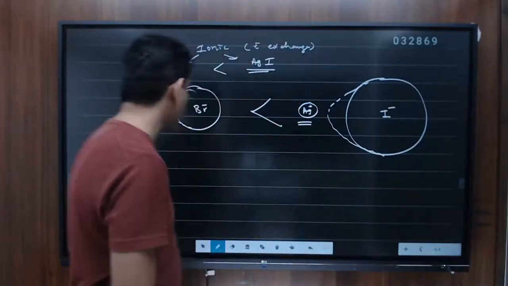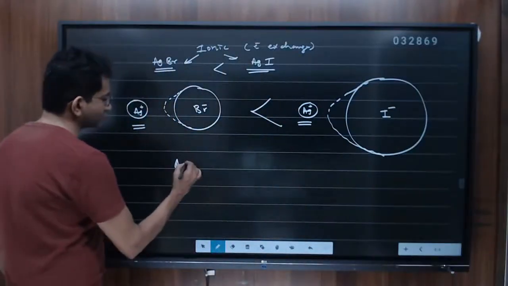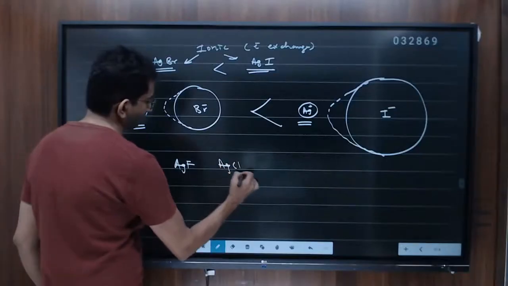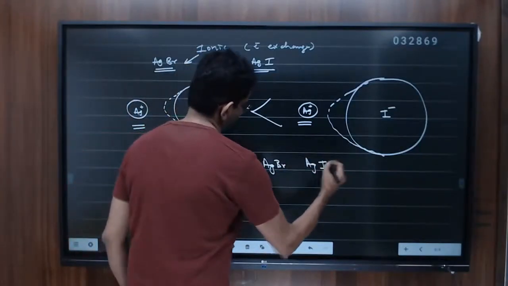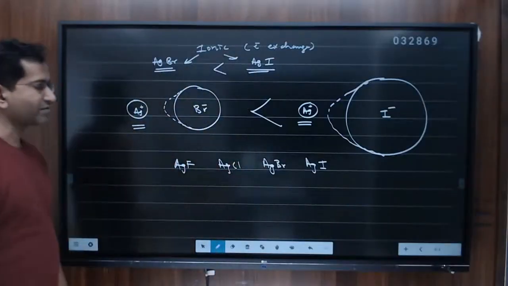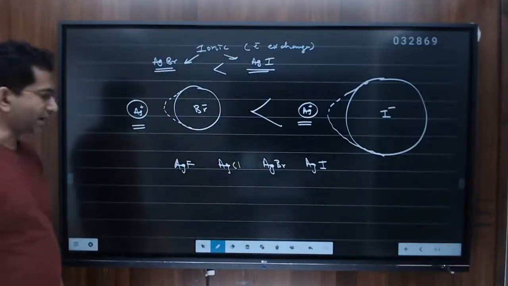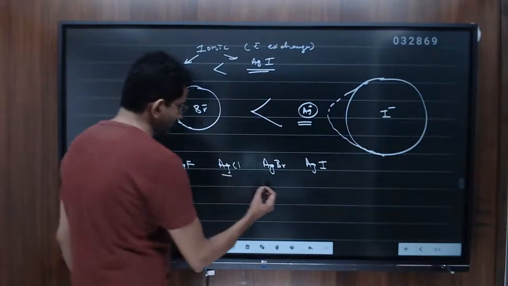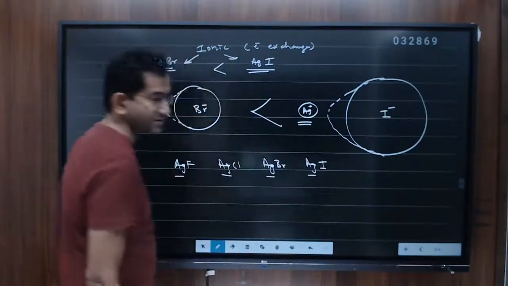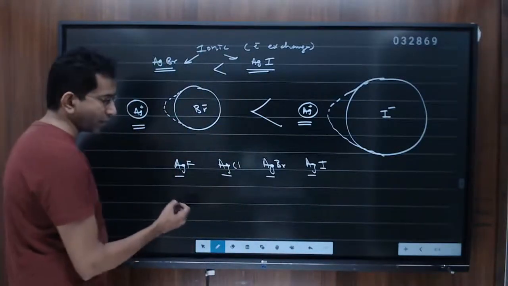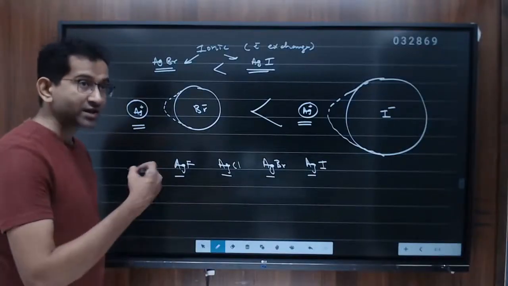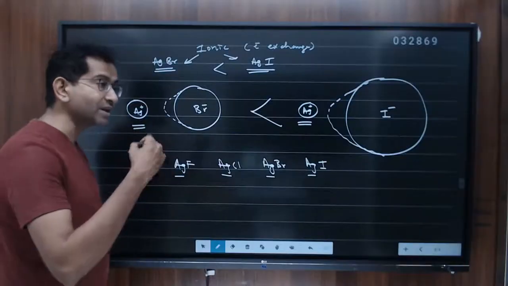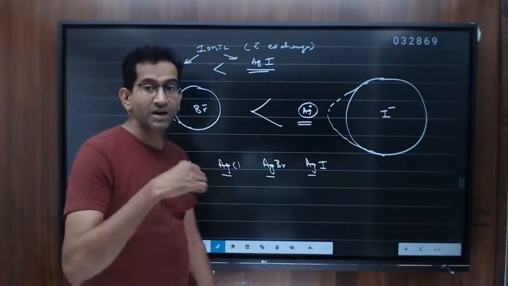So if you want to compare, if I write all of them, AgF, AgCl, AgBr, AgI, you can see in all of these Ag+ is same, but fluoride is the smallest, chloride is larger, bromide is even larger, and iodide is the largest.